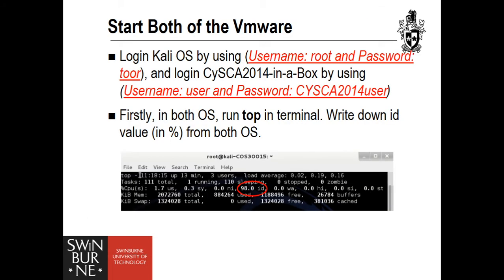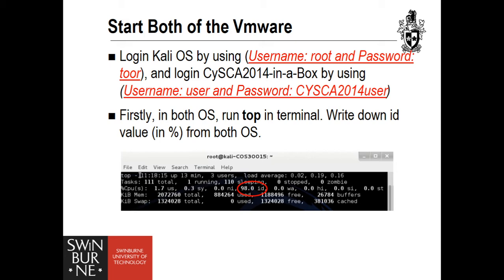After we set up the VMware and configure the network connectivity, we can start the VMware by clicking the play button, and of course we can start both the Kali OS and also CYSCA 2014.